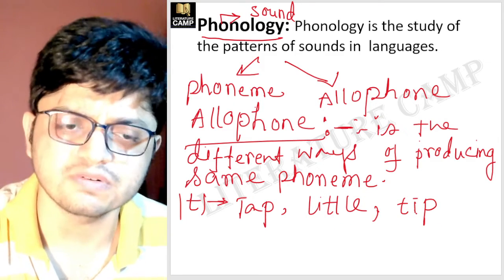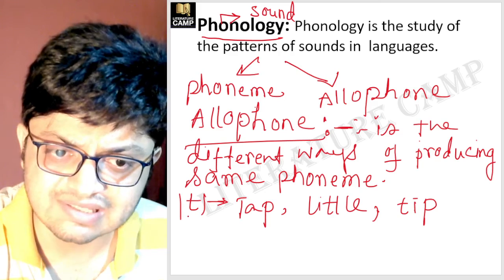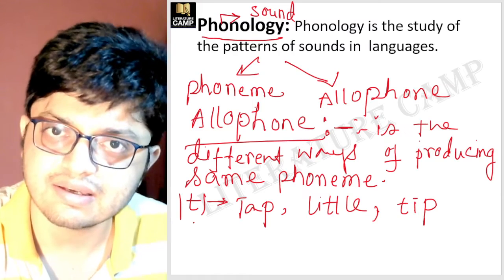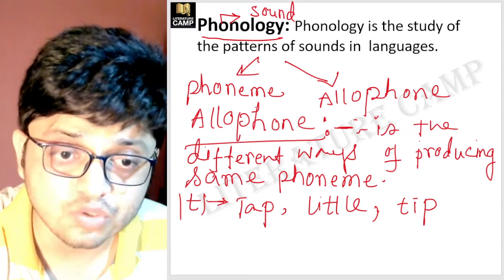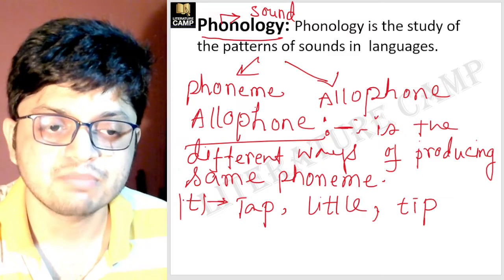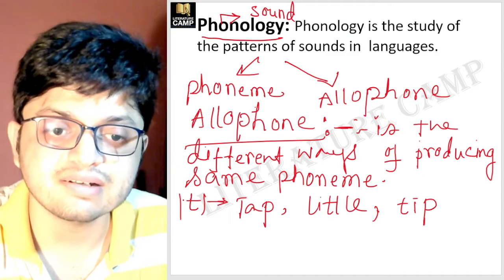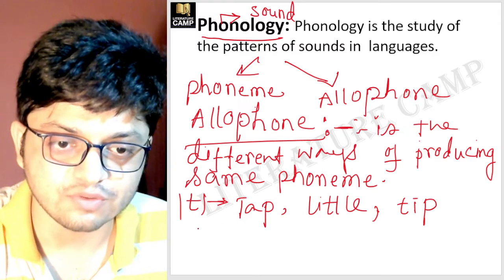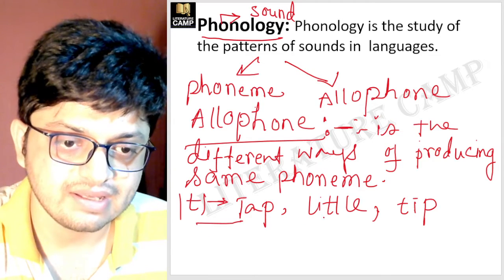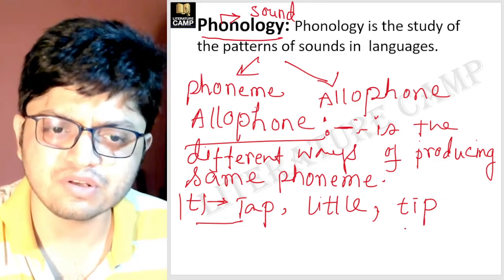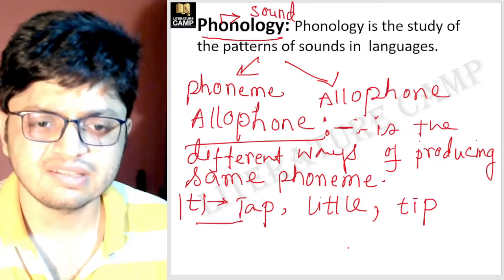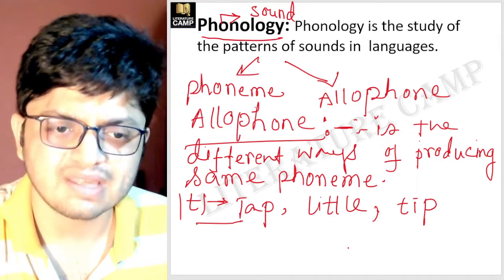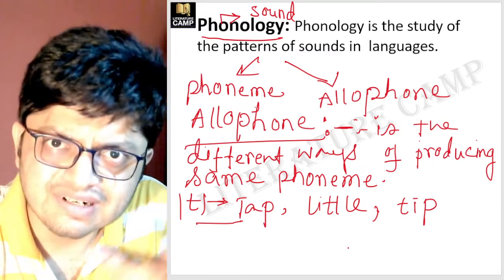There can be many more, right? This t sound, it is an example of phoneme, but it produces different sounds. That is called allophone. Whenever we are pronouncing these sounds, tap, little, tip, these are different sounds, right?